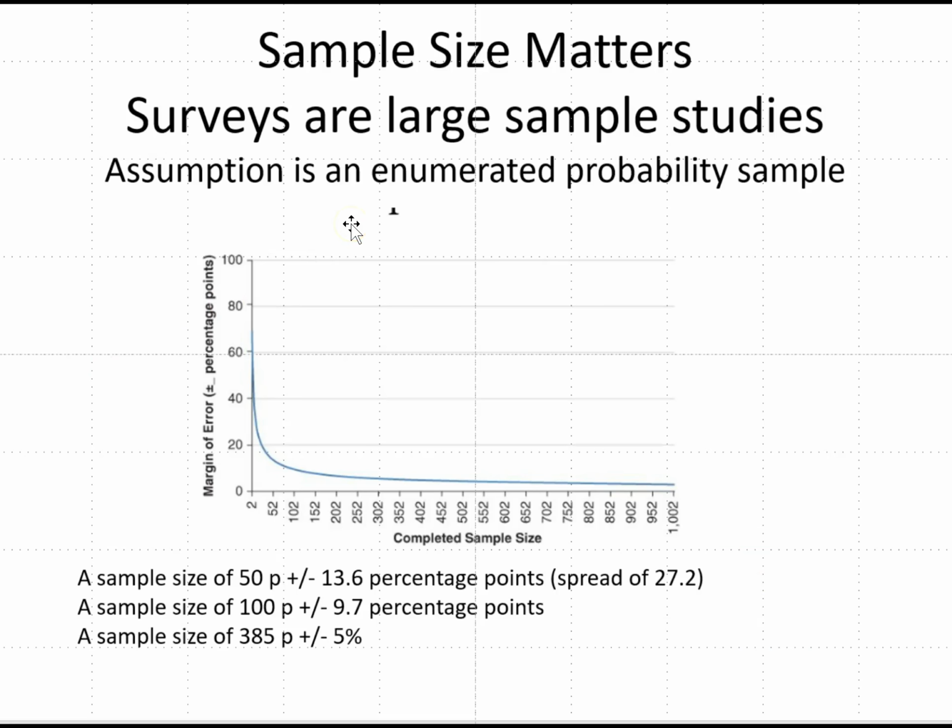The other thing is we noticed before that sample size matters. Surveys are large sample studies. And the assumption in figuring this out is that you have an enumerated probability sample. You can't go on Fox News and do a web survey and say 80% of the people think Donald Trump is doing a good job. And let's say you get varying numbers of people responding to that survey. This is not the confidence interval that overlaps the truth.